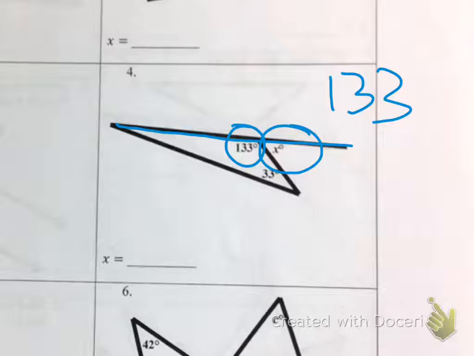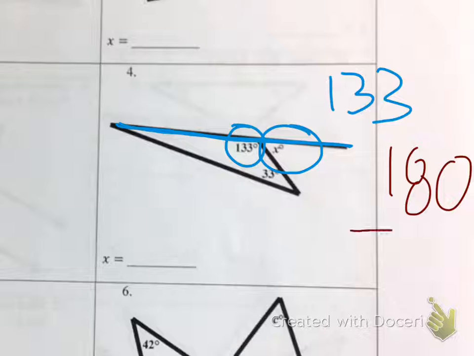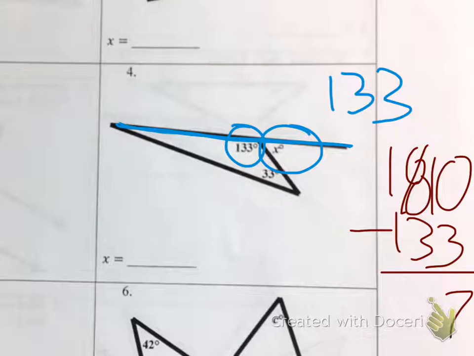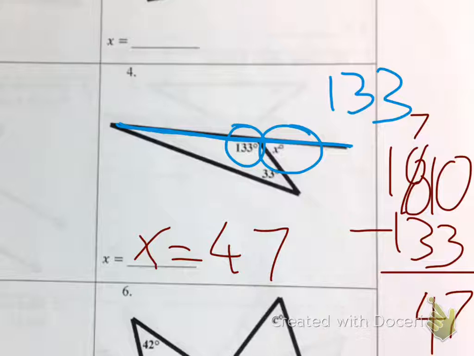So this is a 133-degree line, and this is a 180 line. 180 minus 133 equals 47, so x equals 47 degrees.